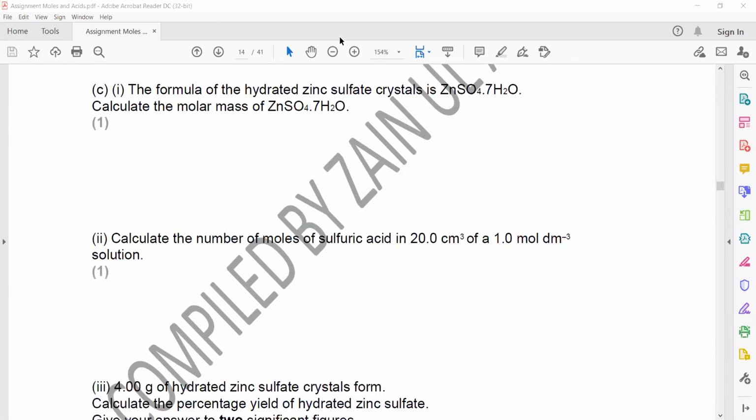The formula of hydrated zinc sulfate crystal is ZnSO4.7H2O. Calculate the molar mass. So how can we work out the molar mass? We have zinc here, sulfur is there, oxygen is there, and then water molecules. So using a periodic table, the mass of sulfur is 32, whereas the mass of zinc is 65.4.